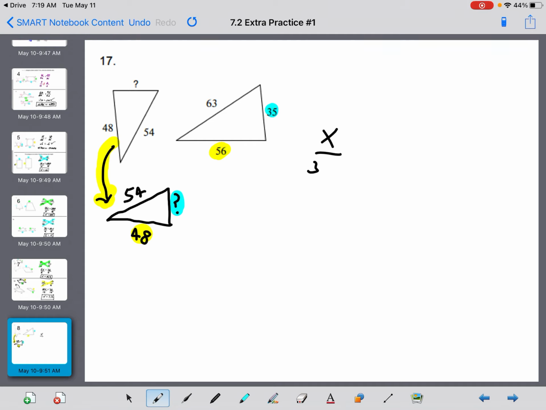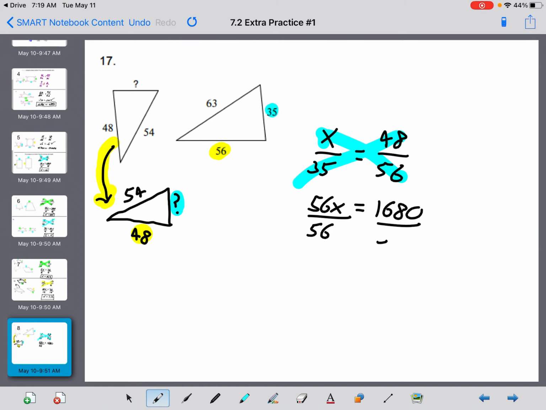So x over 35 equals 48 over 56. Cross multiply. 56x equals 48 times 35 is 1680. Divide both sides by 56, and x is equal to 30.